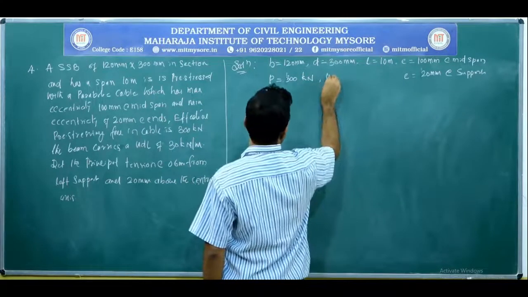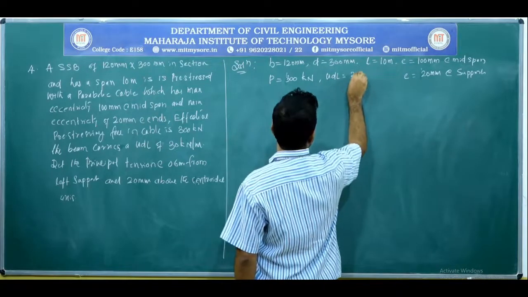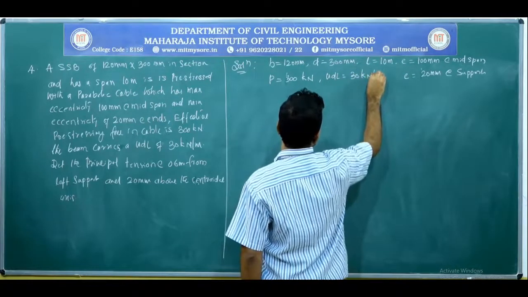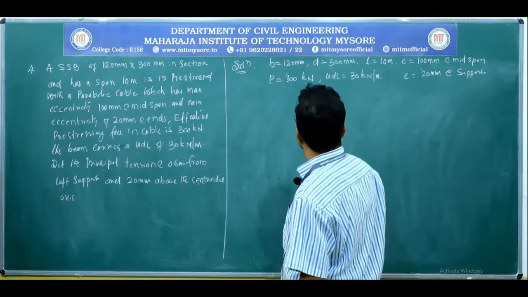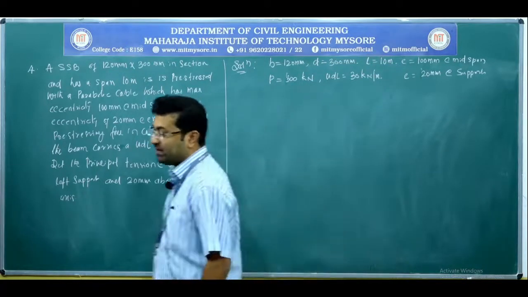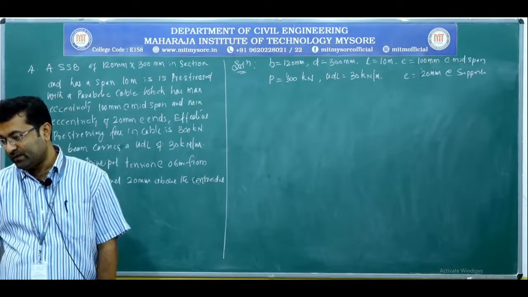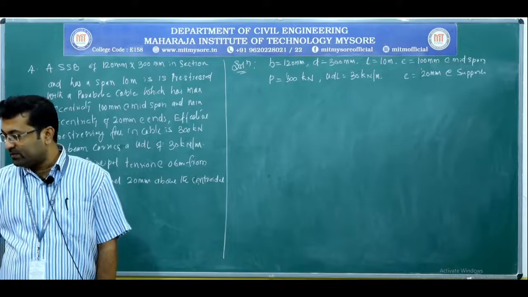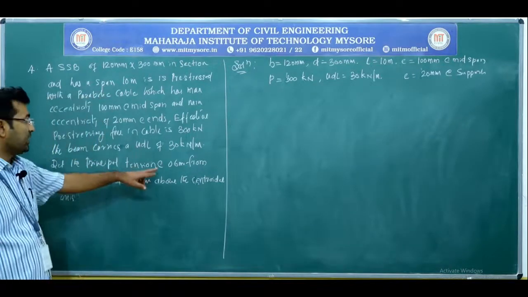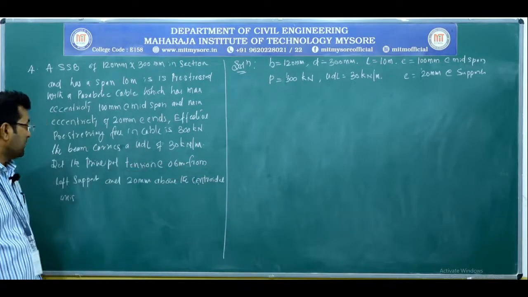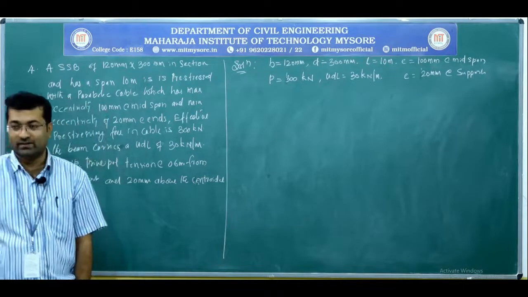The load on the beam is about 30 kilonewtons per meter, which is inclusive of the self-weight of the beam. So apart from this, they have asked us to determine the principal tension at a distance 0.6 meter from the left support and 20 millimeter above the centroidal axis.